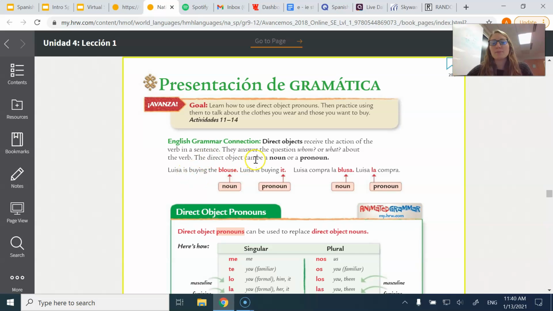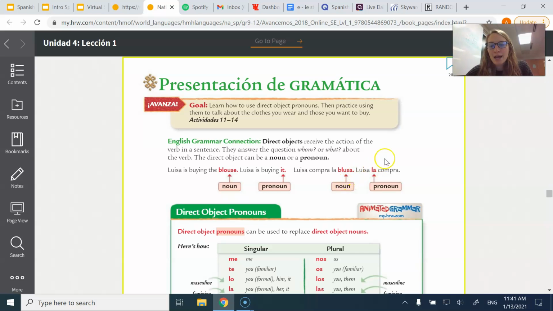The direct object can be a noun or a pronoun. So we could say Luisa is buying the blouse. That's a noun. Luisa is buying it. That's a pronoun. In Spanish, it's going to be Luisa compra la blusa, noun.